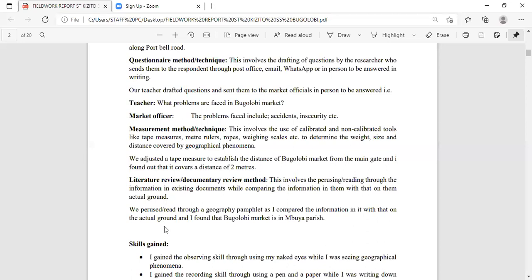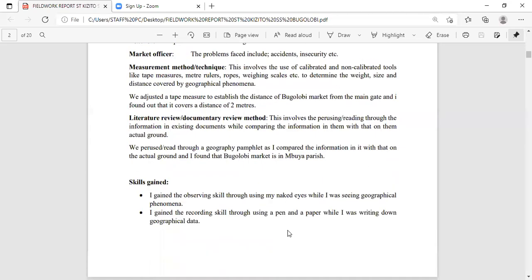You can even use it to ask questions in that area. So you can say, we use the geography pamphlet and compare the information in it with that on the actual ground, and found out that Bugolobi market is found in Mbuya parish.